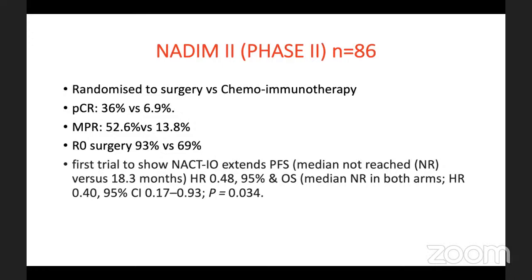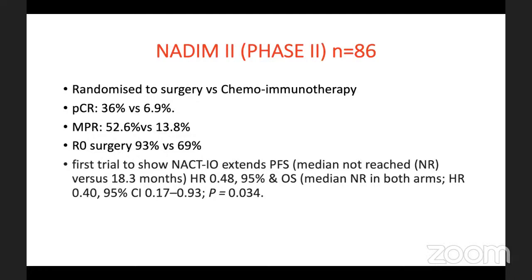That is, more than 50% of the patients achieved major responses on histopathology with the combination of immune checkpoint inhibitors and chemotherapy. The addition of neoadjuvant immunotherapy also improved the R0 resection rate. And NADIM 2 was the first trial to show that the combination of neoadjuvant chemotherapy with immuno-oncology, that is with nivolumab, extended the progression-free survival as well as the overall survival.